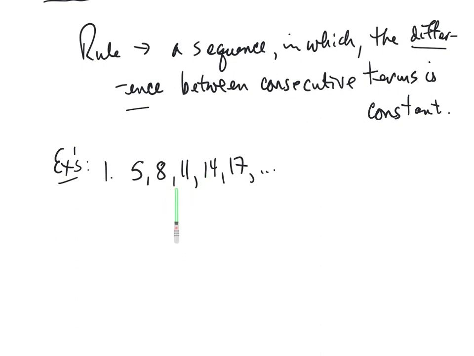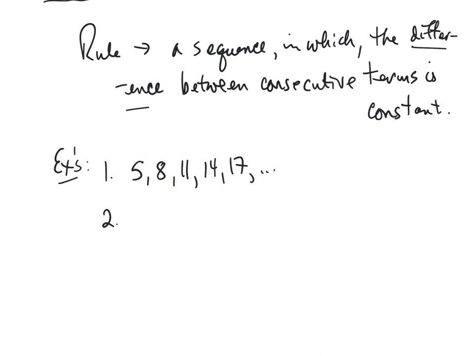If I look at the terms 11 and 8, the difference is 3. 8 and 5, the difference is 3, and so on. So we say the difference between any two terms is constant. 17 minus 14, 14 minus 11, 11 minus 8, 8 minus 5, all of those, the difference is 3.